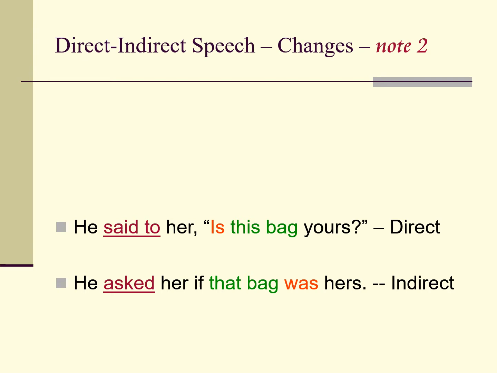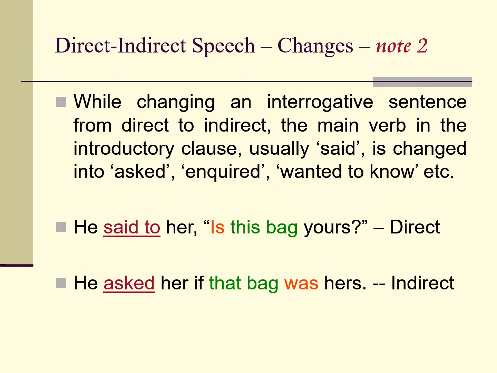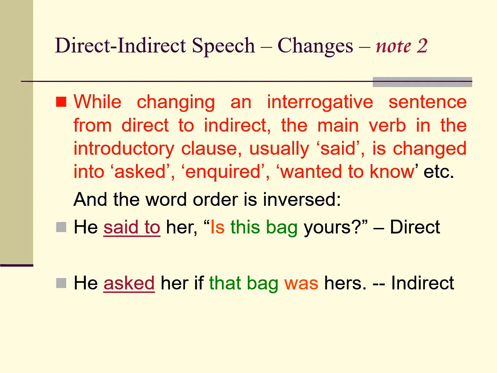Here are a few more notes. While changing an interrogative sentence from direct to indirect, the main verb in the introductory clause, usually said, is changed into asked, inquired, wanted to know, etc. And the word order is inversed.